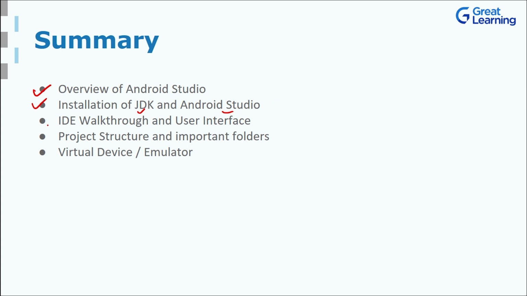Then we talked about the IDE walkthrough and the user interfaces. We talked about different windows, starting from the editor window, navigation bar, status bar, all of those, right? And then we talked about project structure and important folders in it, like the RES folder, the Java folder, and the manifest folder.